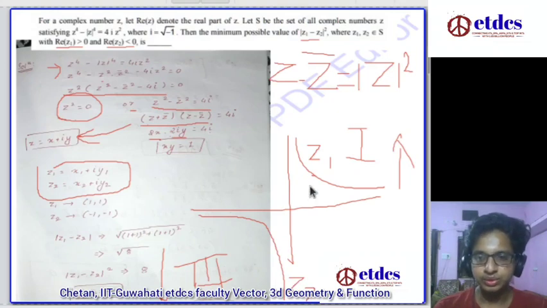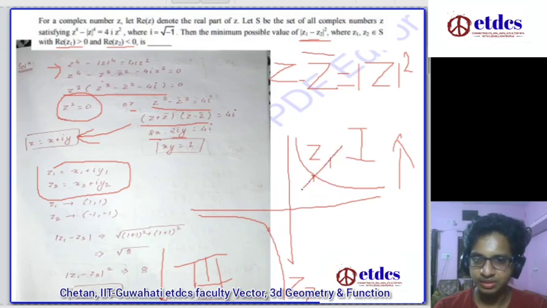And one more thing, if you remember, the geometrical meaning of mod of z1 minus z2 is basically nothing but the distance between z1 and z2. So we see when the distance between this point and this point, any point on this curve, will be minimum.